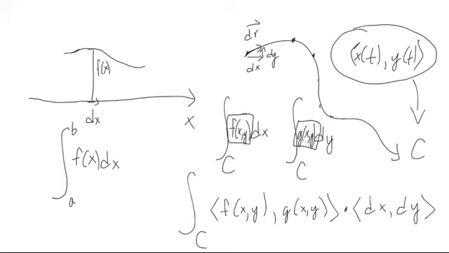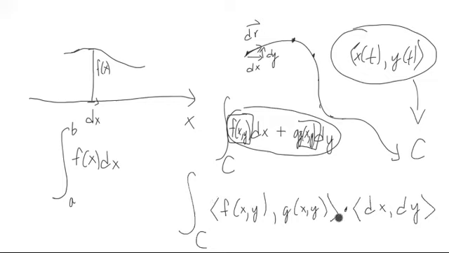Or we could keep it the same integral if we just undistribute the integral across the addition, and we get something that looks like this. So we could write it this way, or we could write it this way.